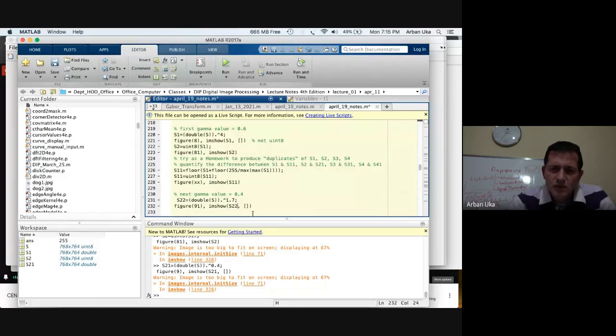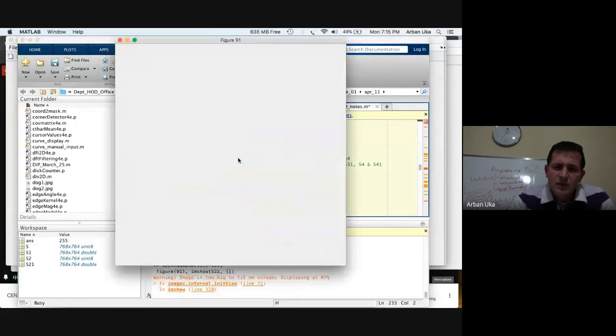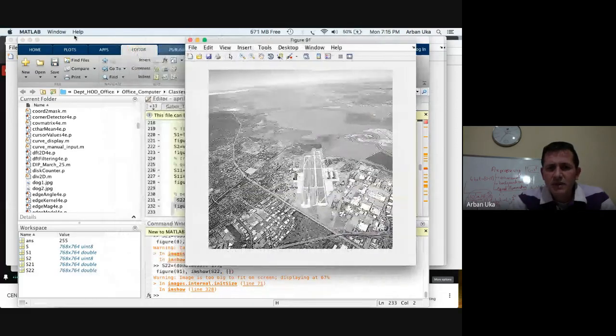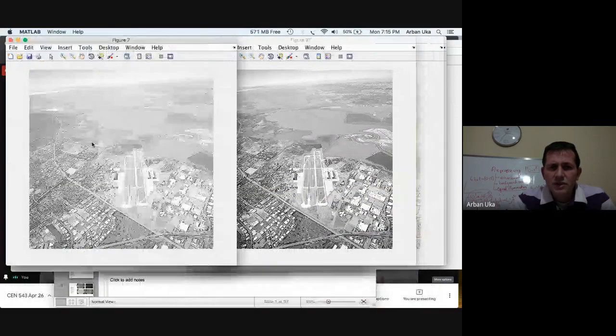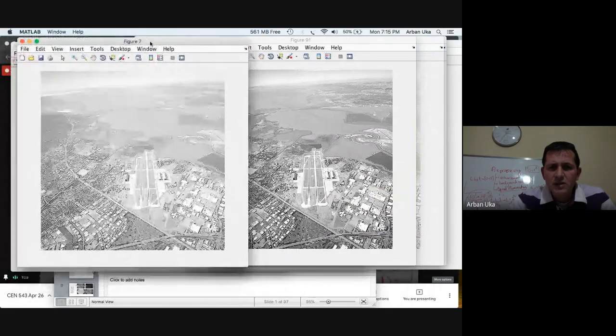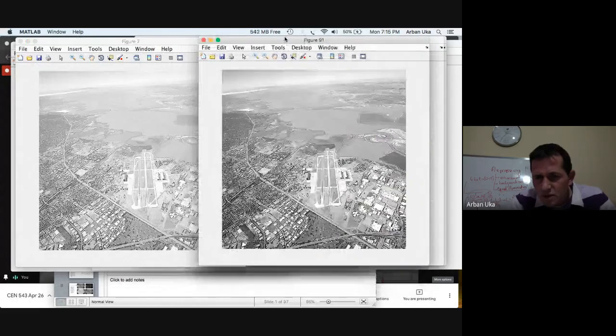This is S22. So we can experiment here with different values of gamma. This looks a little better actually. This image, figure 91, is figure 7 to the power 1.4, and we see something which is not that washed out.